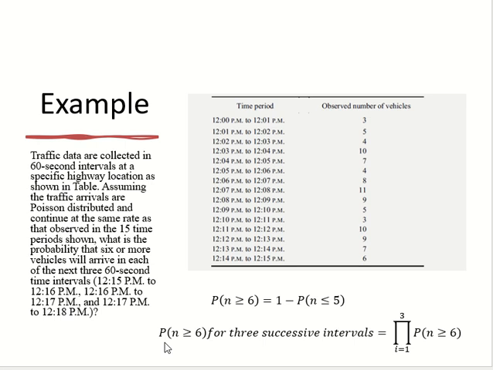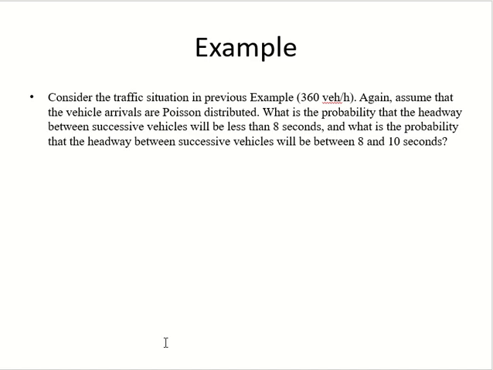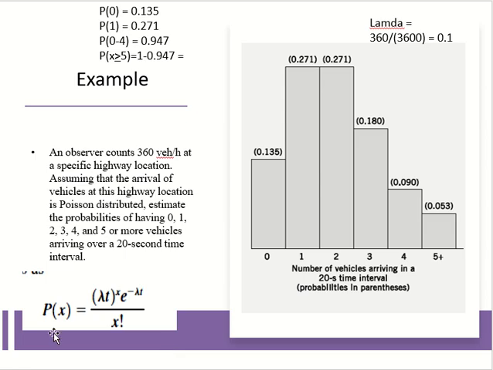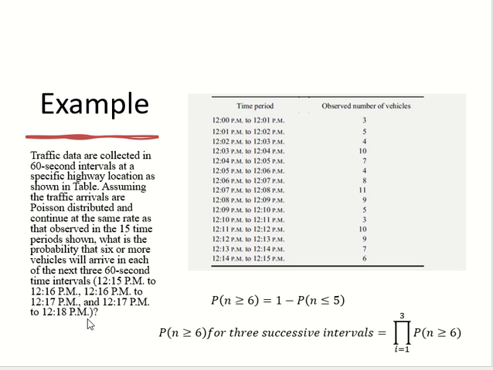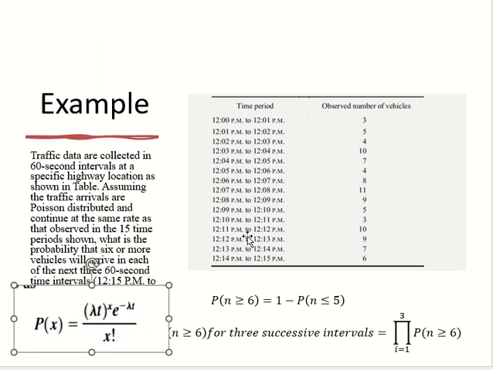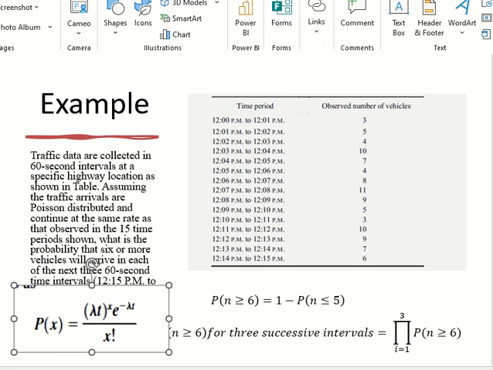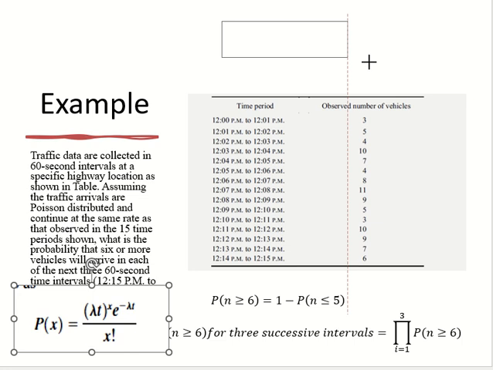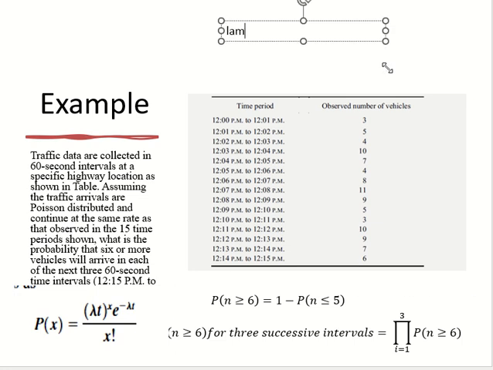So we'll use the same thing which we used earlier. We will use the same equation, right? So what do I need? I need lambda. How do I get lambda? Lambda was what? Summation, volume over time.